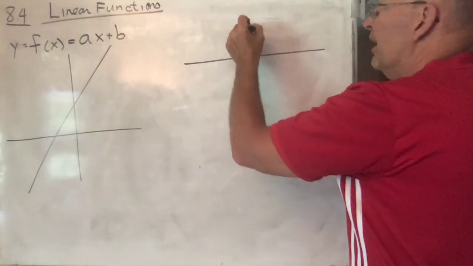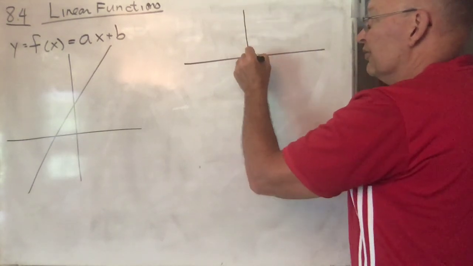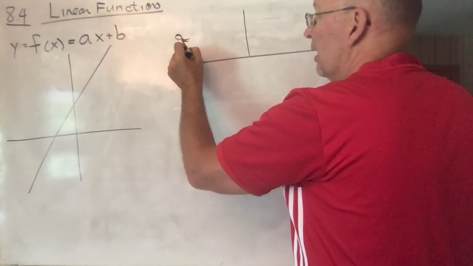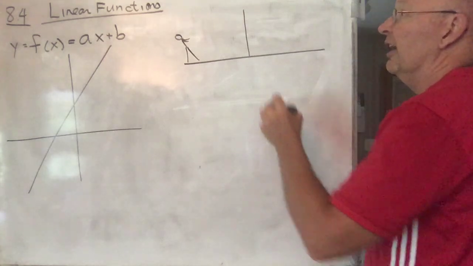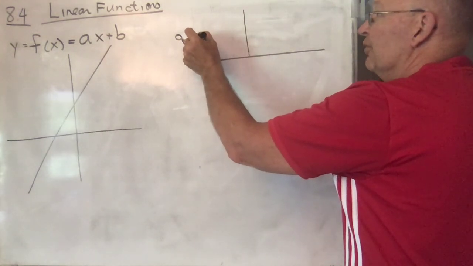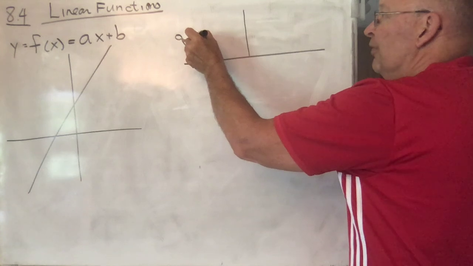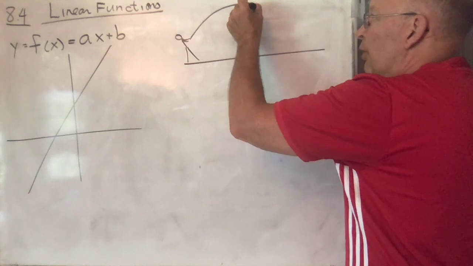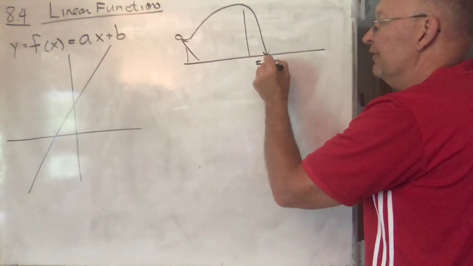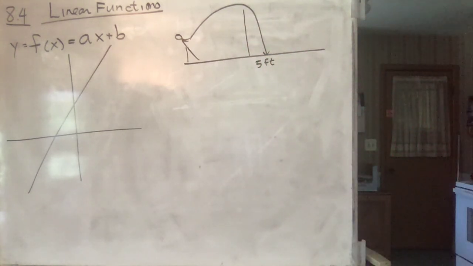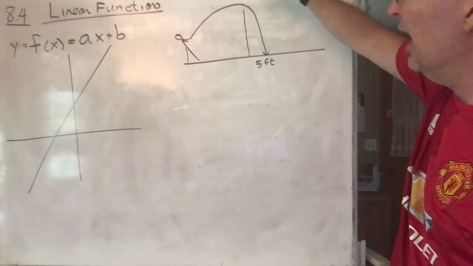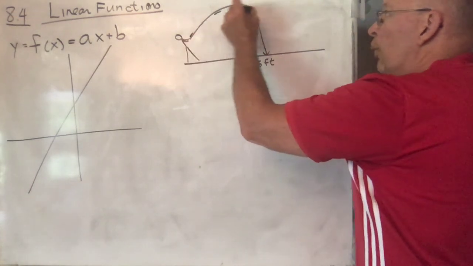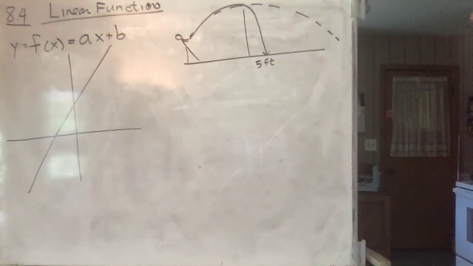She knew I was a mathematician, and she asked me, "Can you help me instruct the gals on the team as to how they should serve the ball so that the ball obviously goes over the net, but then comes down close to the net, within 5 feet of the net, as quickly as possible?" She didn't want one that went way high and came down real slowly. That would be easy to return. She also didn't want one that went way out here, because that's easy to bump and return as well.